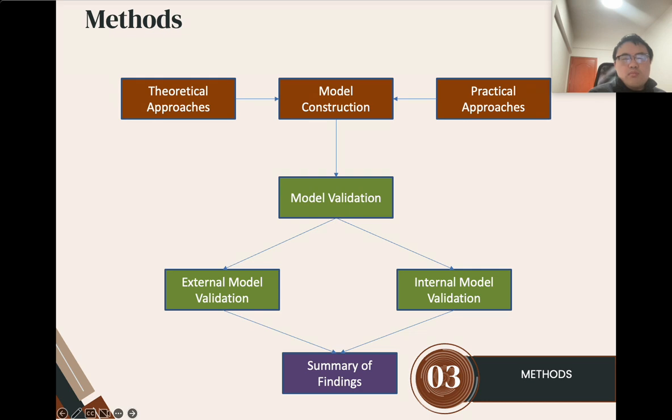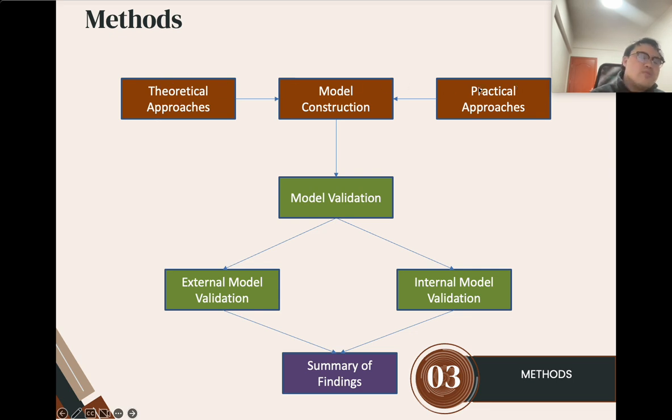So this is a summary of my method. As you know from the purpose, my study wants to come up with an instructional design model, to construct and validate the model so that it becomes a useful guide for practitioners. At the model construction stage, there are two kinds of approaches being used: theoretical approaches and practical approaches.